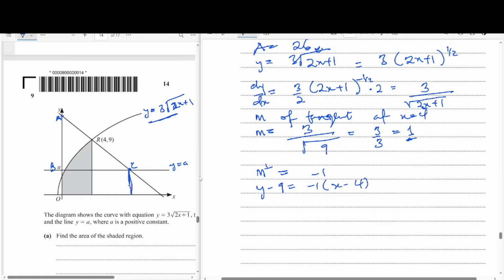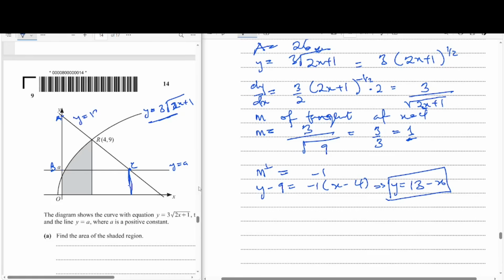We rearrange and get y is equal to 9 plus 4, 13 minus x. So this represents the equation of the normal to the curve at R, y equals 13 minus x.